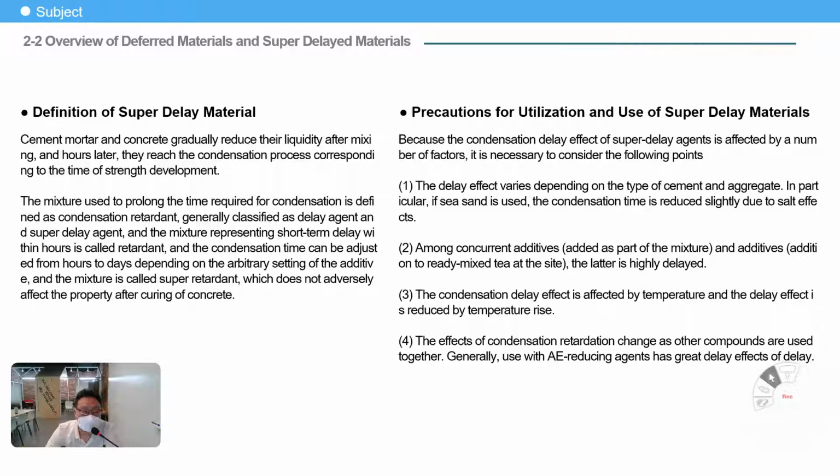This is the subject. Definition of super delayed material. Cement, mortar, and concrete gradually reduce their liquidity after mixing and hydration. This reaches the condensation process, operating up to the time of strength development.